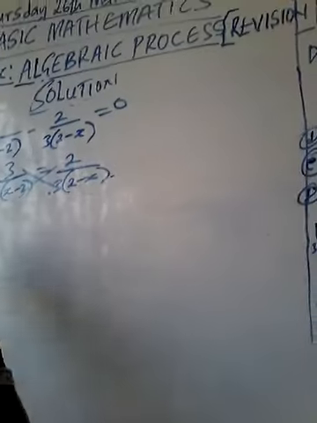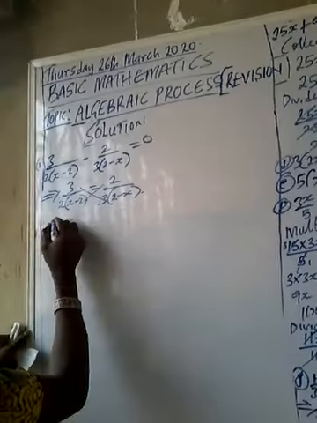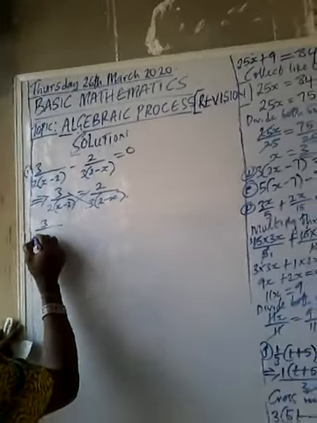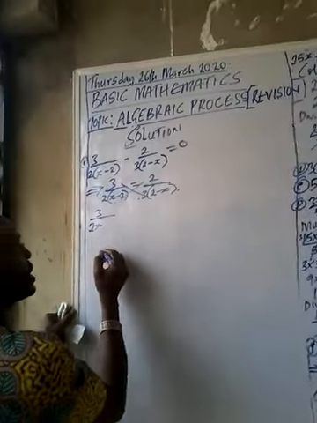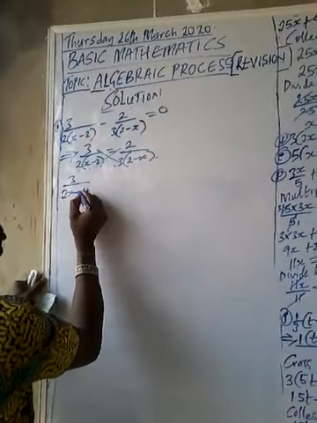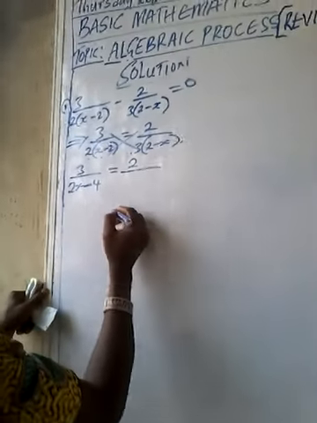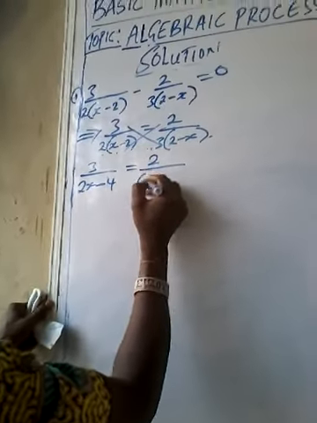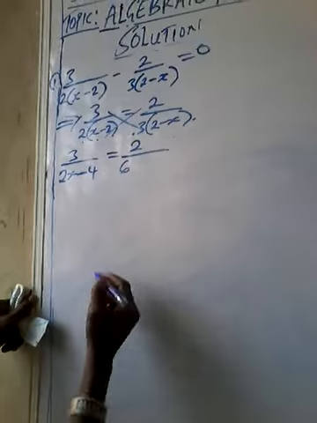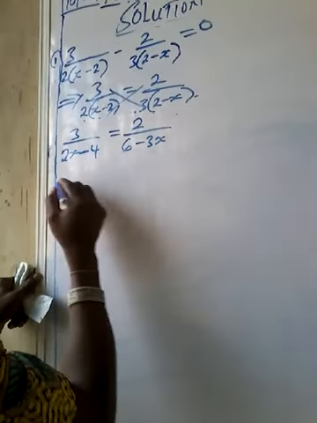Open the bracket first. Open this bracket, you have 3 all over 2x, 2 times x, 2x, minus 4, 2 times minus 2, is equal to 2 all over 6, 3 times 2, 6, minus 3x. Now you see, cross multiply.